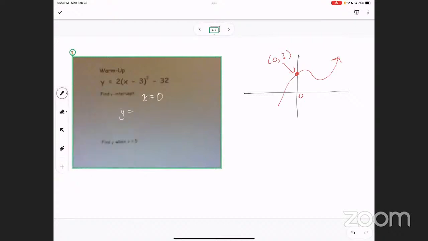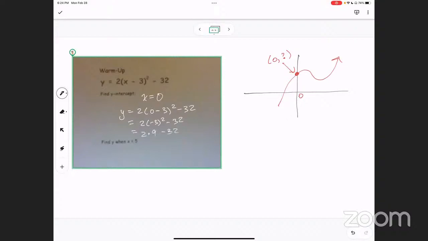So y equals 2 times 0 minus 3 squared minus 32. What's 0 minus 3? -3. Good. What's that squared? +9. You see how you got to do it step by step? Yeah.